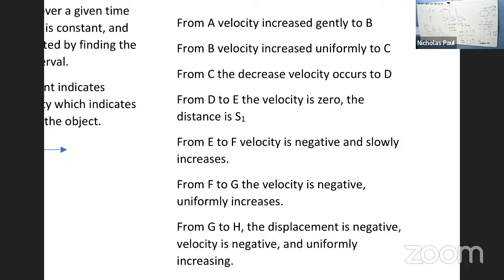Do we remember from last week, what is the difference between increasing gently and increasing uniformly? Gently is a slight curve, a slightly increasing curve, and increasing uniformly means a straight line. And then decreasing, how will that look?